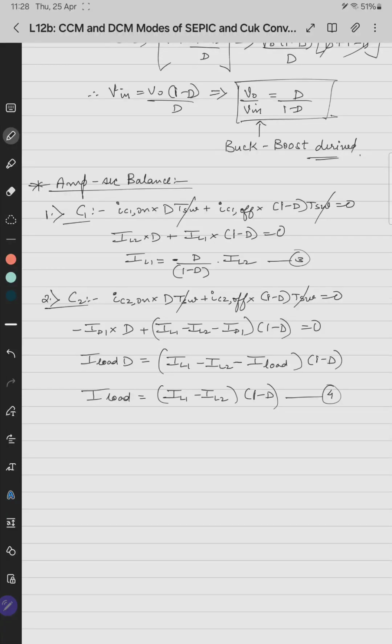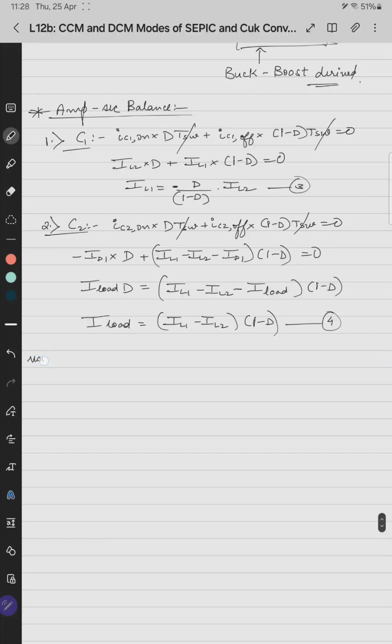So we can express I load as a function of IL1 and IL2 as well. Using 3 and 4, we substitute 3 in 4. So I load is what? IL1, that is minus D by 1 minus T, minus 1 into 1 minus T into IL2.